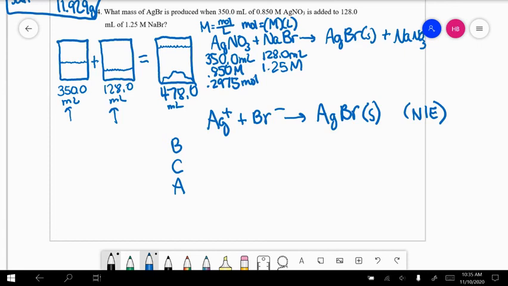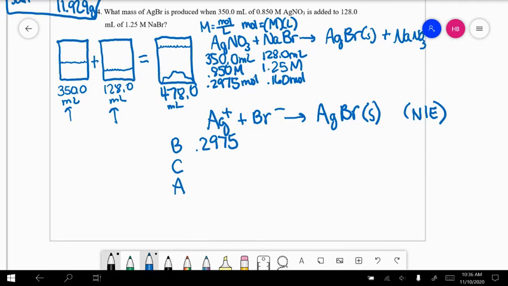But 1 mole of silver nitrate has 1 mole of silver. So this is 0.2975. Let's do the same thing for sodium bromide. 0.128 times 1.25 gives me 0.160 moles of sodium bromide.